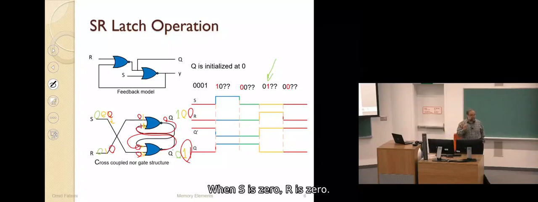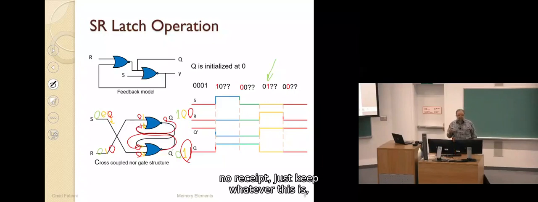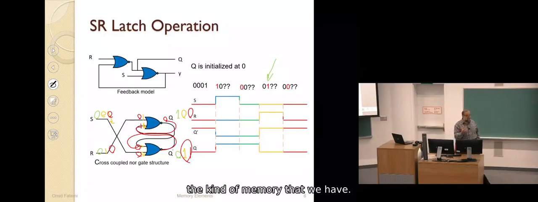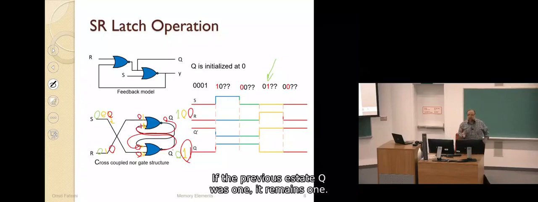When S is 0, R is 0, it means no set, no reset. Just keep it, whatever it is. This is the kind of memory that we have. So if in the previous state Q was 1, it remains 1.